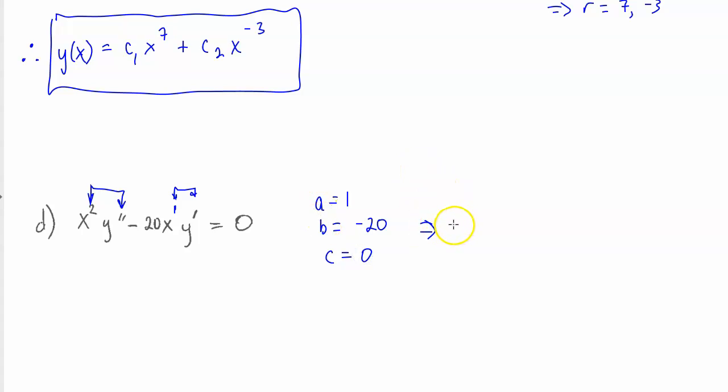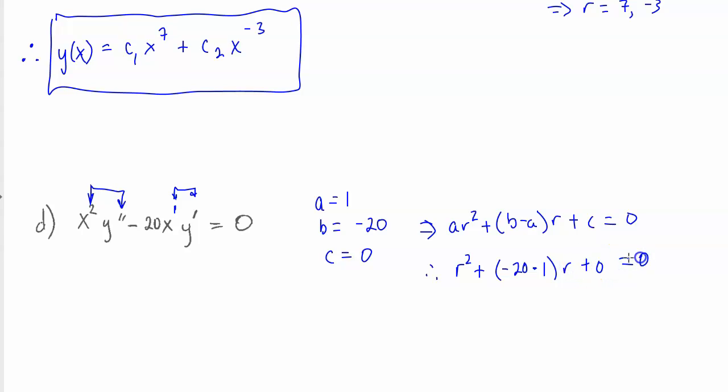And that means that for our indicial equation, which looks like this, this value c here is going to be 0. So this will be r squared plus minus 20 minus 1, r plus 0.